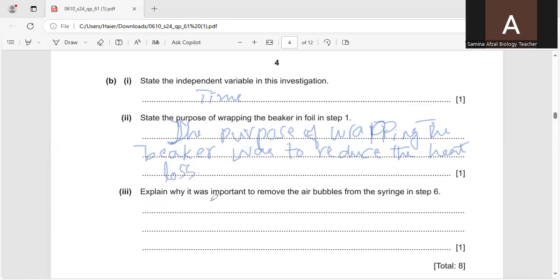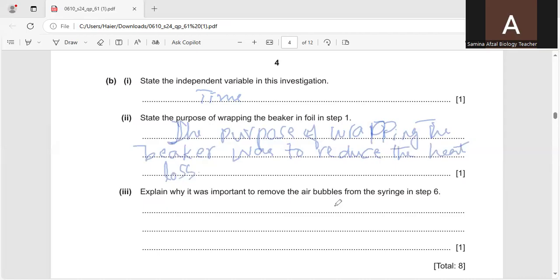Next question, explain why it was important to remove the air bubbles from the syringe in step 6. If there are bubbles in the syringe, they can affect the volume which will be used for this purpose.